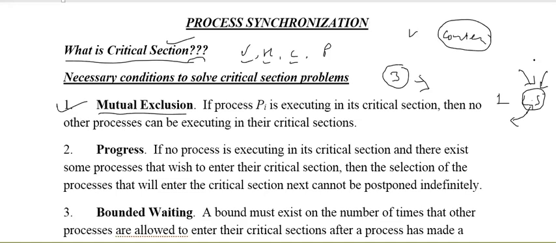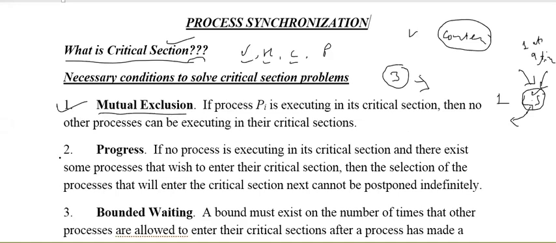So only one process at a time can access this critical section. If you have any critical section or any resource which is in sharing mode, to avoid any kind of problem, only one process will execute or use that resource at a time. So that is mutual exclusion.